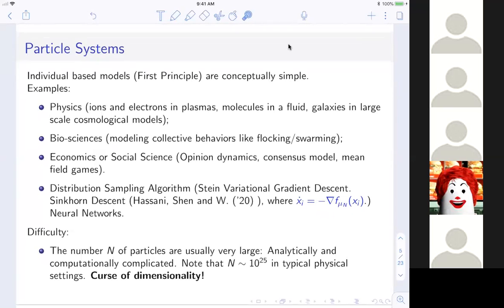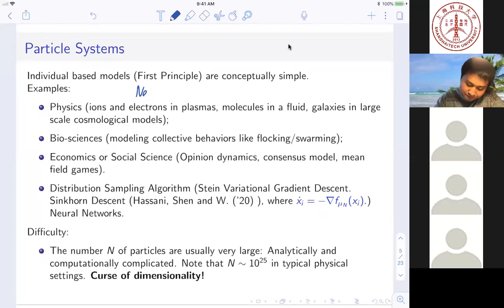So there are many models of particle systems. Maybe I should say this: if I just consider Newton dynamics, you can think of gravitational force, in plasma, in cosmology, right? In this case, xi can mean a galaxy.